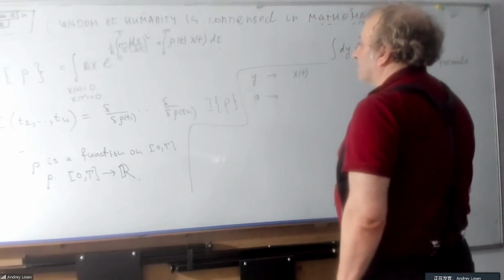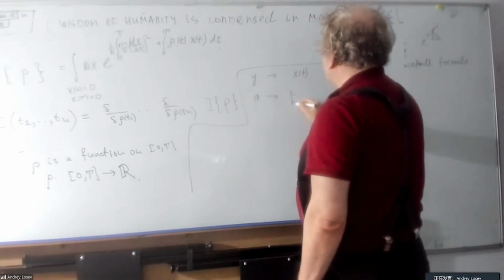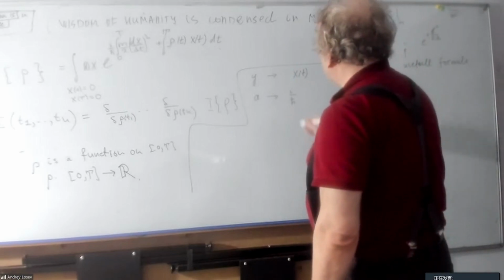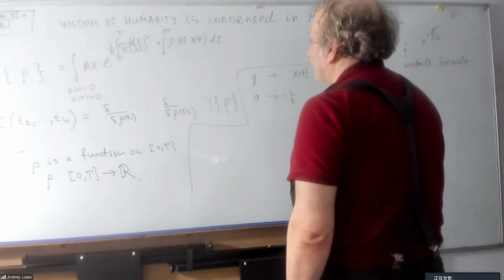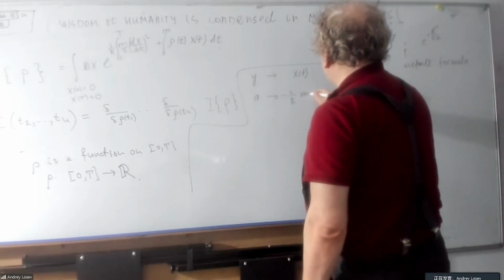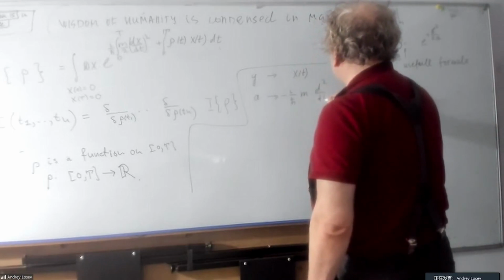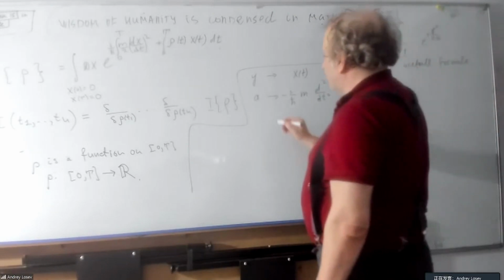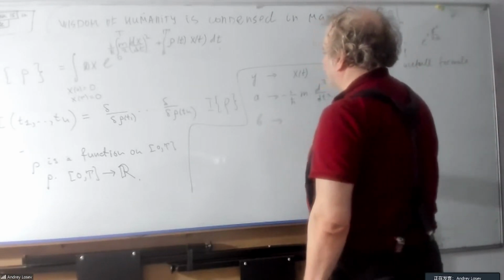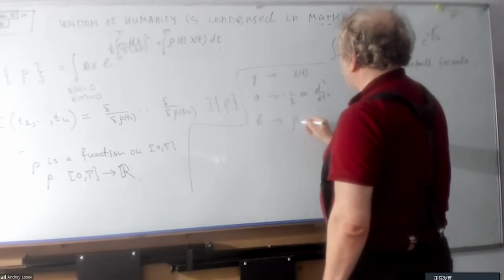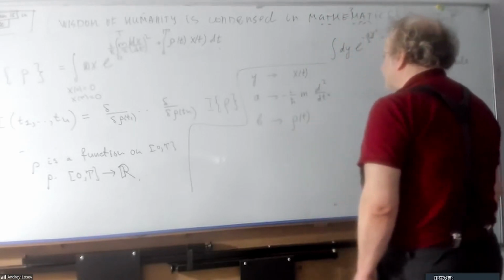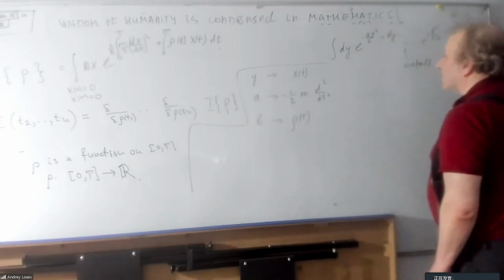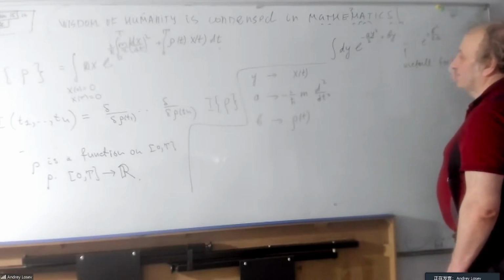Our A is an operator, minus I over h times m d2 over dt squared, right? What is our B? Our B is, of course, rho. So what does this thing mean?